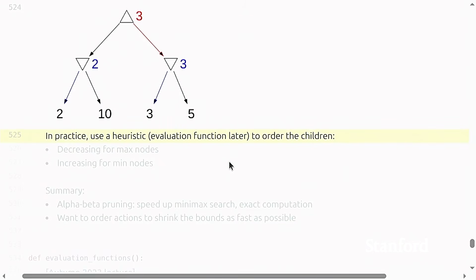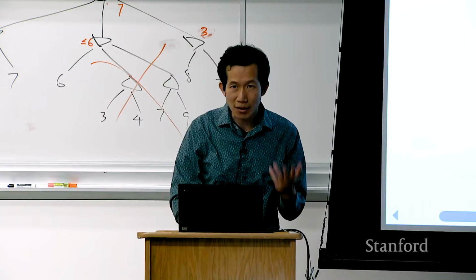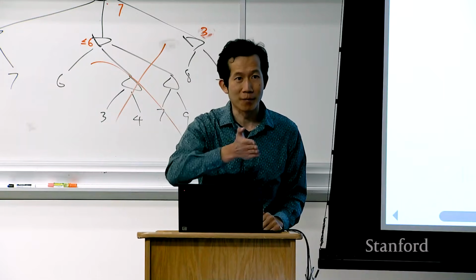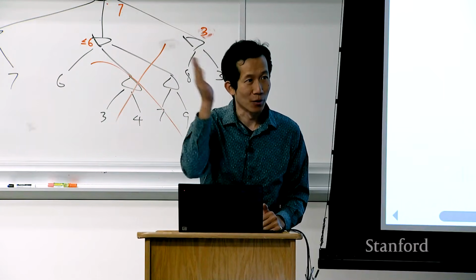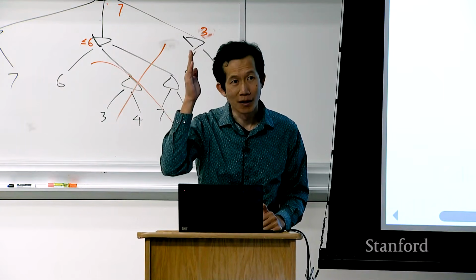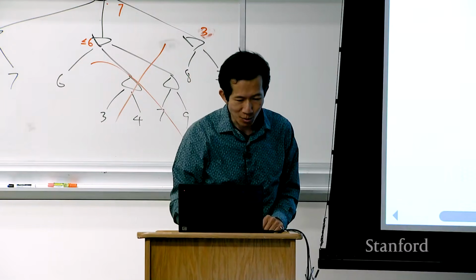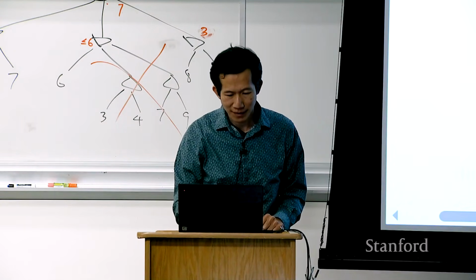So in practice, you can use a heuristic evaluation function, which we'll talk about shortly, to order the children. For max nodes, you order the children by decreasing value, and for the min nodes, you order by increasing values. In other words, you're really trying to find this optimal path, kind of guess the heuristic, and if you guess well, then you can be faster.